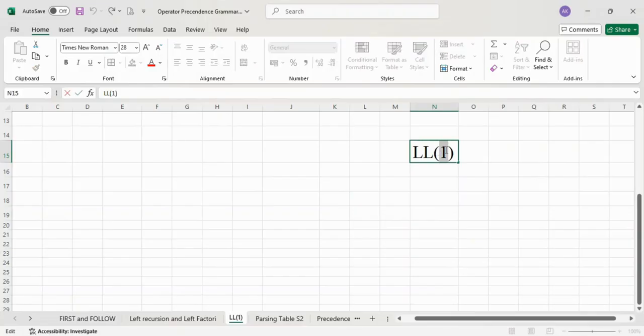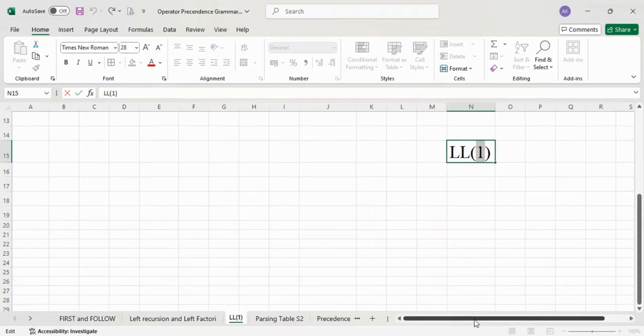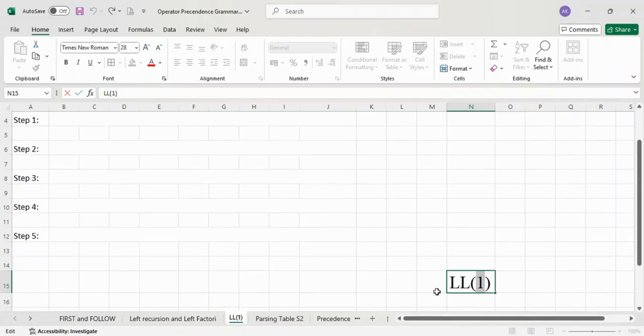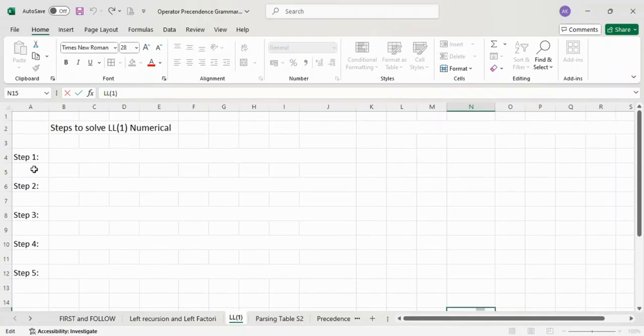The one which is written in the bracket tells me how many characters I'll look ahead before taking any decision. So here one character look ahead is taken into consideration. To solve a numerical on LL1 parser, we need to follow 5 steps.